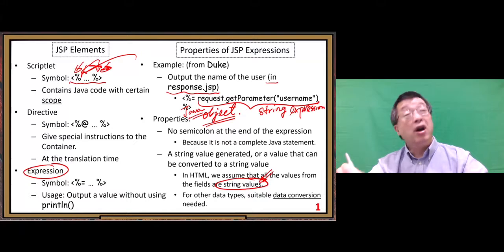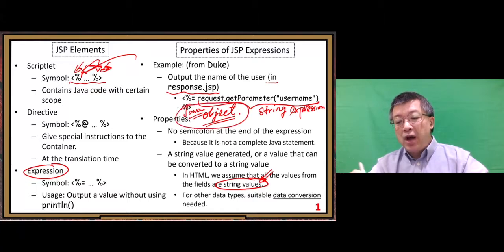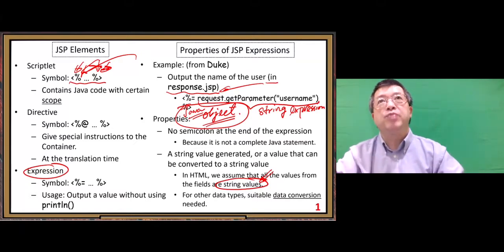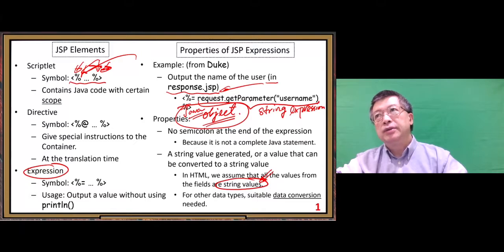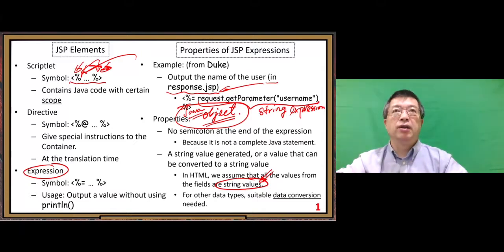Here, I'm talking about a non-string Java object. If you put a non-string Java object after the equal sign in a JSP expression, do we get an error? The answer is no. It is legal.